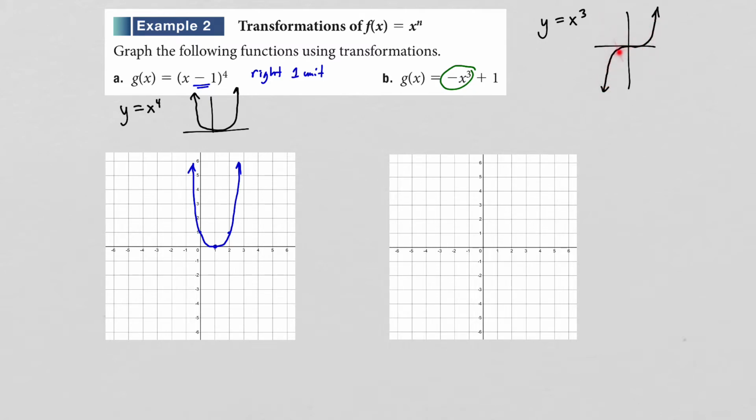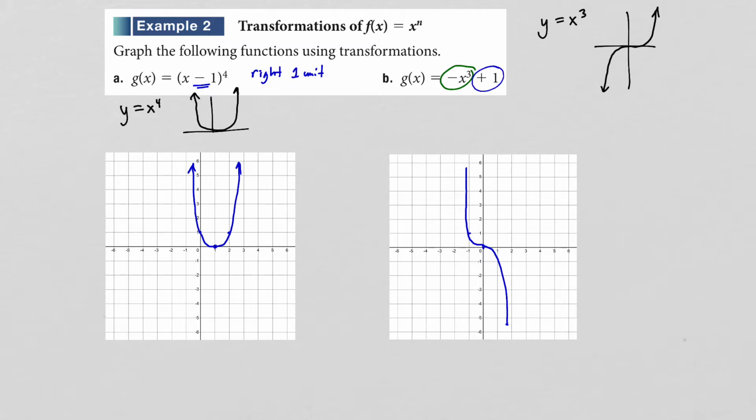So everywhere it's below the x-axis, it will now be above, and anywhere it's above, it will now be below. So that graph would look like this. And so this is the graph of negative x cubed.